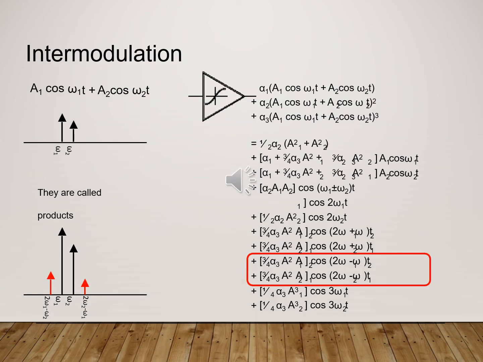Now, to study the effects of intermodulation, let us consider the two-tone test as an input for an amplifier, using the Taylor series model to model the nonlinearity of the device. We have the two tones A1 cosine w1 t plus A2 cosine w2 t as an input for the amplifier.